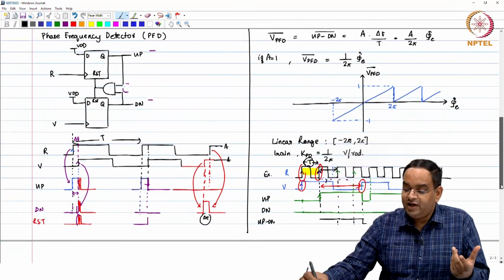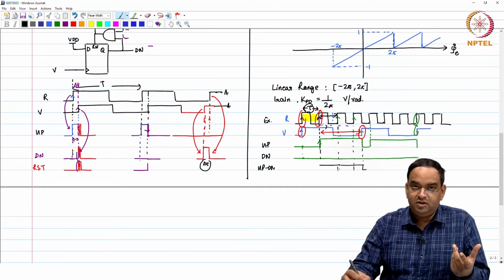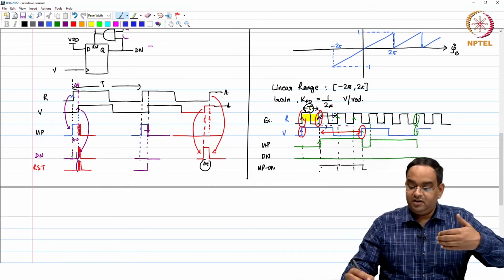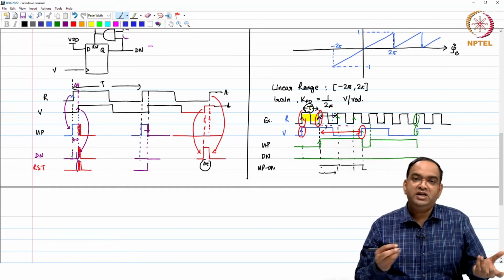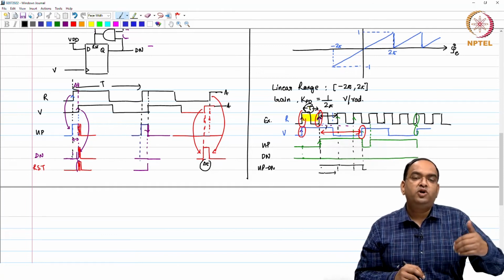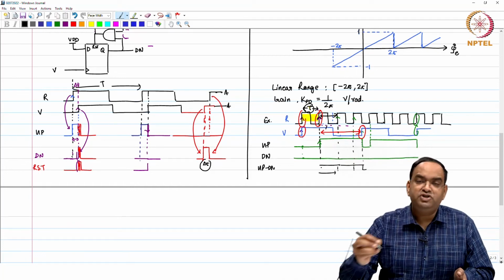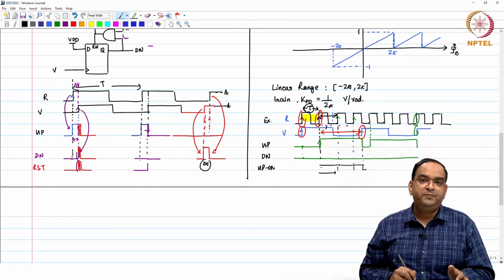But the average value of up minus down is high for a longer time. If you look at the average value for each period, it is no more greater than the maximum value which you have from this PFD. Okay.